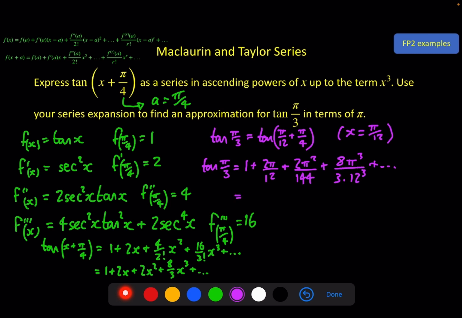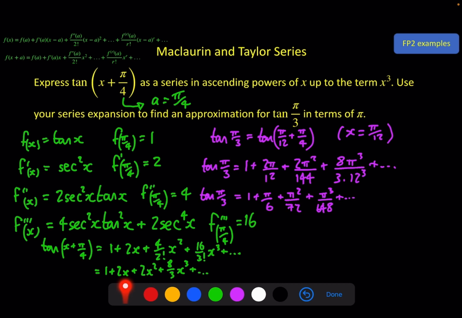Grab your calculator. 1 plus pi by 6 plus pi squared over 72 plus pi cubed over 648. And this is our expansion in terms of pi for tan of pi by 3.